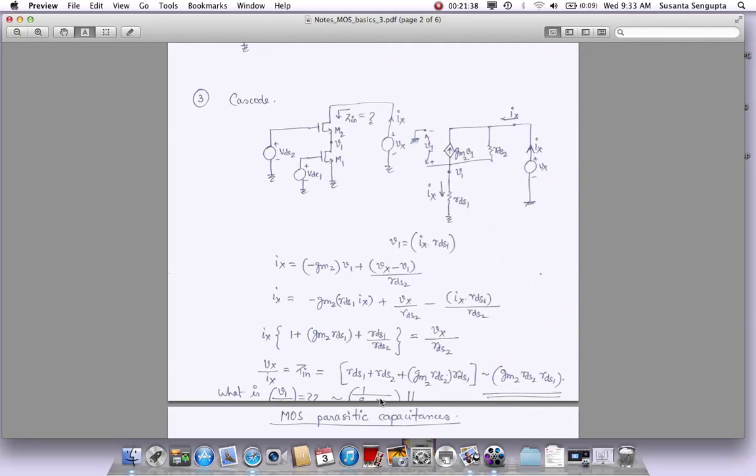Unfortunately, it got cut during the scanning. So what this is saying is that GM2 times RDS2 here, which is this term here, is actually the gain of this MOS device. So if you have a voltage Vx here at the output, V1 will be Vx divided by the gain of this M2. So it is heavily attenuated by the time it comes here.